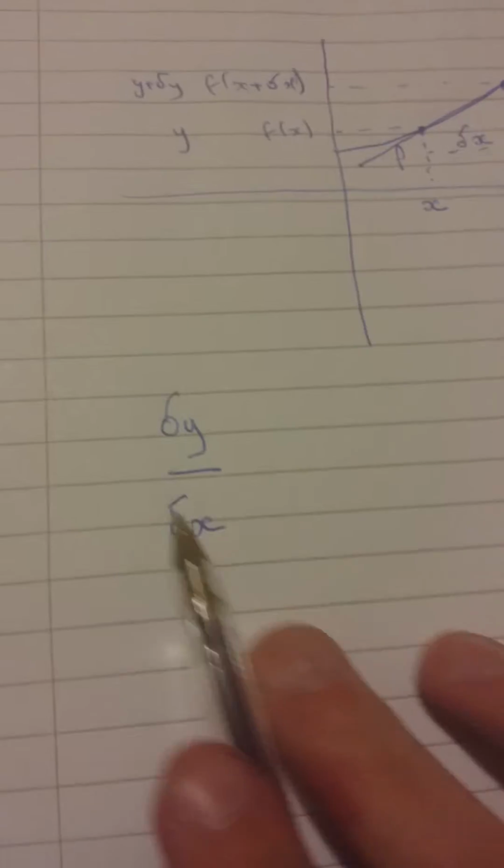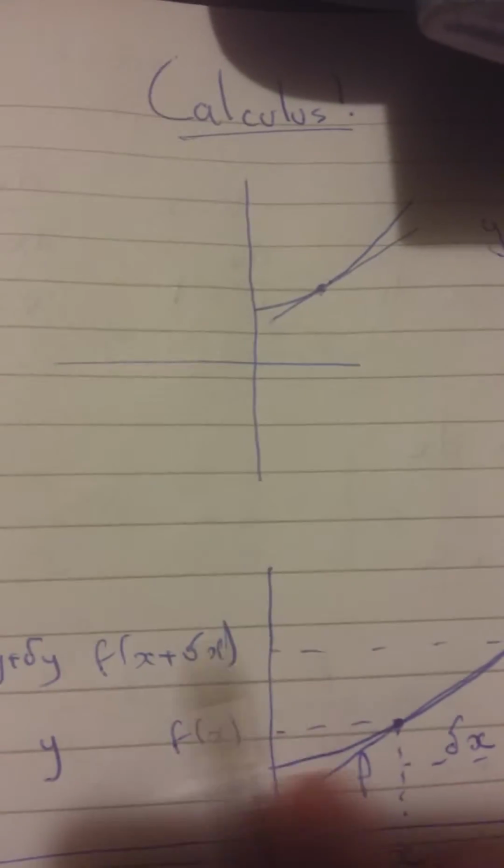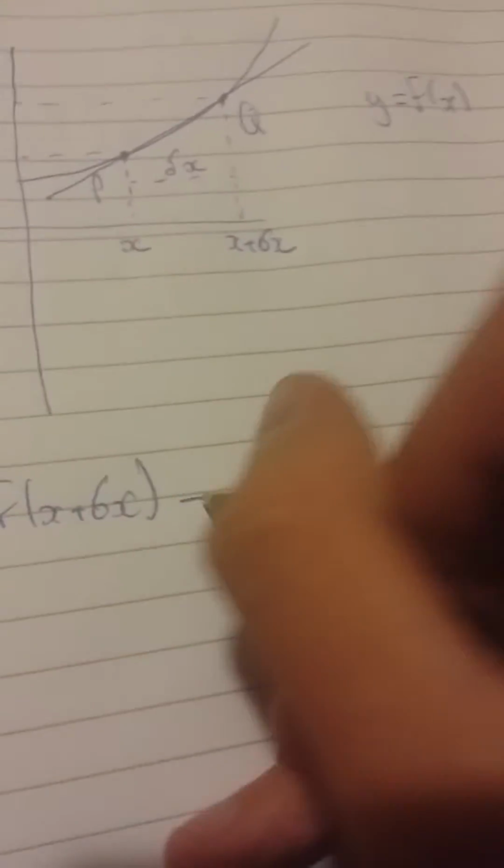So we represent this as the limit as delta x tends to 0. But what is this equivalent to? So what is the change in y here? The change in y is simply this value minus this value, f of x plus delta x minus f of x, and that's all over the change in x, which is just delta x.